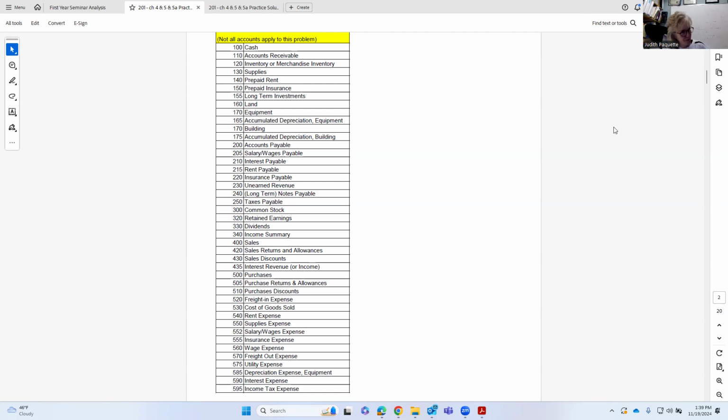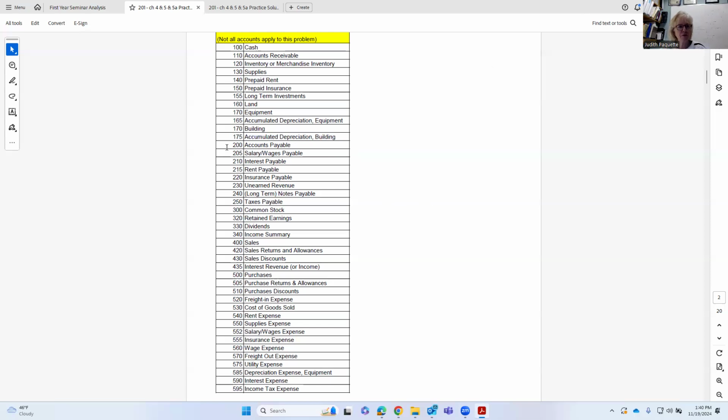No worries. So cash is the first asset. What's the last asset on this list? Would it be building? Does the accumulated depreciation count? Accumulated depreciation is the last asset. It's a contra asset, but it's still an asset. What makes it a contra asset is all the other assets have a normal debit balance. Contra asset has a credit balance because it reduces the building.